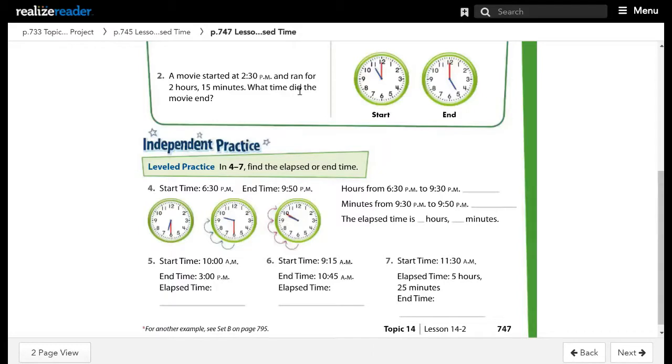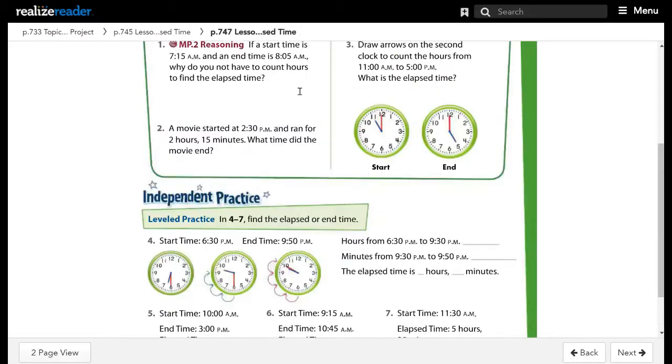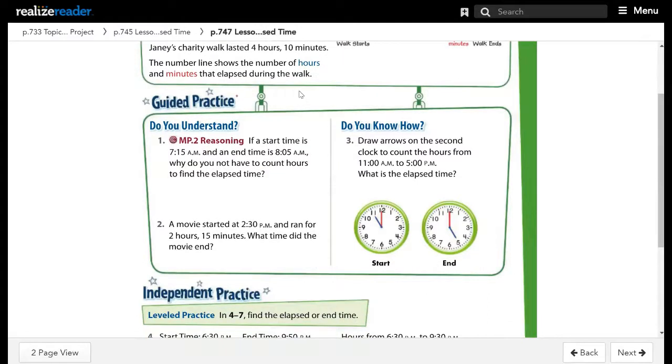Moving to the questions on page 747. Question number 3. Draw arrows on the second clock to count the hours from 11 a.m. to 5 p.m. What is the elapsed time? So the starting point is 11, and I will draw arrows on the second clock from 11 to see how many hours till 5 p.m. From 11 to 12, 1.